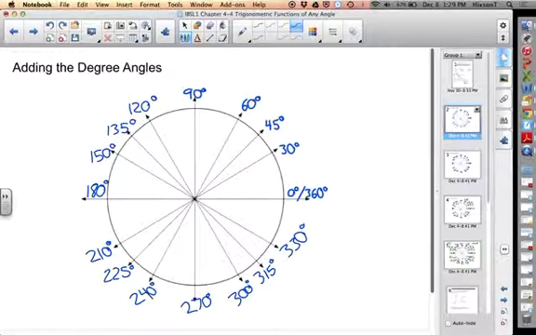That wasn't too hard, was it? Hopefully not. There's a pattern to it. And there's a similar pattern to the radian measures too. I'll let everyone catch up writing.